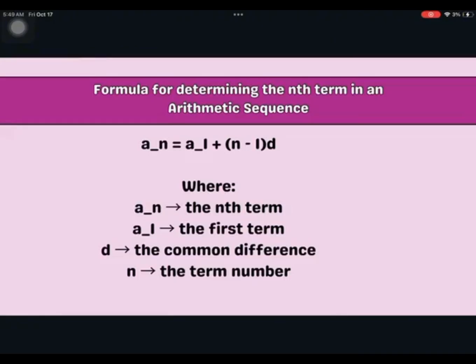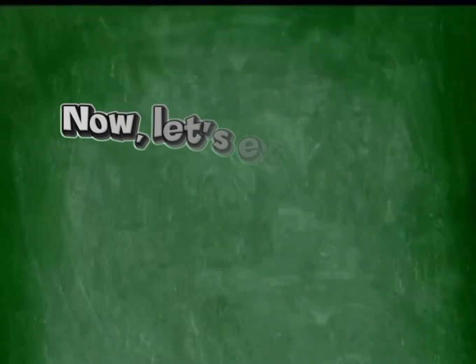And n is which term or position you're referring to in the sequence. For example, you're referring to the third term or the fifth term in an arithmetic sequence. That's an example of the nth term. So now, we will have an example in which we will use the formula for determining the nth term in an arithmetic sequence.